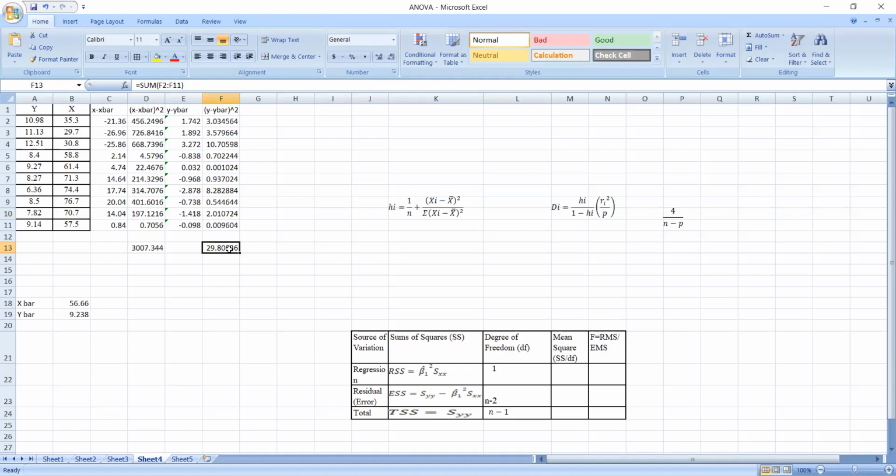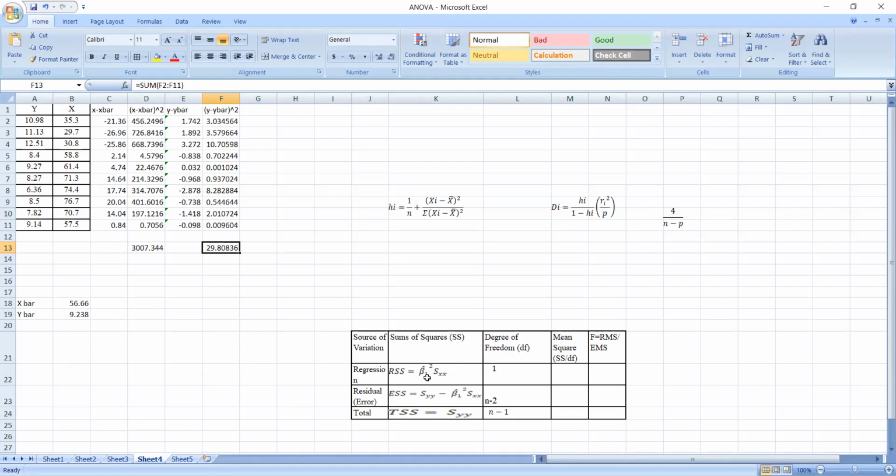Looking at the first value, the regression sum of squares, if you know the beta 1 hat value, it is beta 1 hat squared times SXX. This is how you calculate the regression sum of squares.